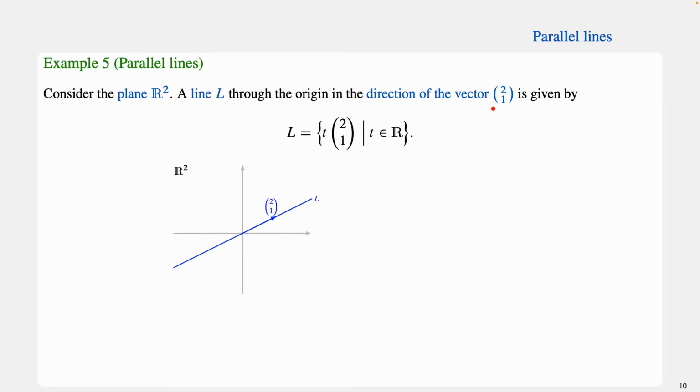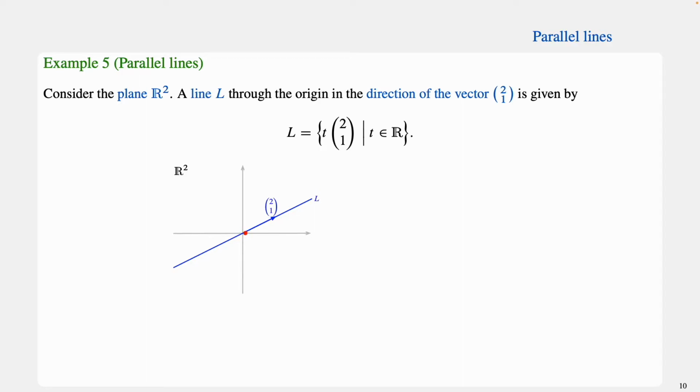And the direction vector of this line is the vector (2, 1). So I can write this line in set notation as follows. L is the set containing all the vectors t times (2, 1), where the parameter t runs through all the real numbers. Let's look at it in this sketch here.